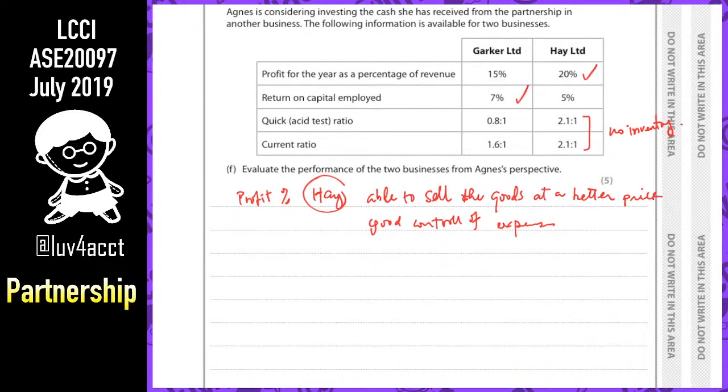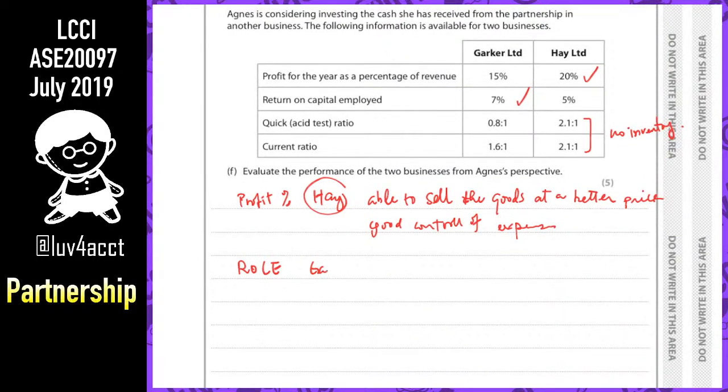Okay, and then return on capital employed, the ROCE, Gaka is better.